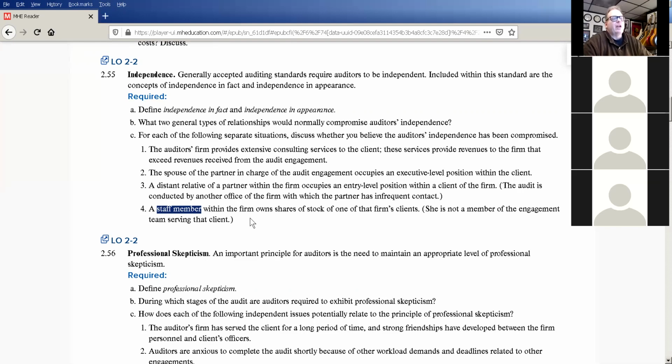So this would be a gray area depending on how much stock they own. But generally speaking, just owning stock in a client, if you're not on the audit and you're not a partner or something like that, is not a problem.